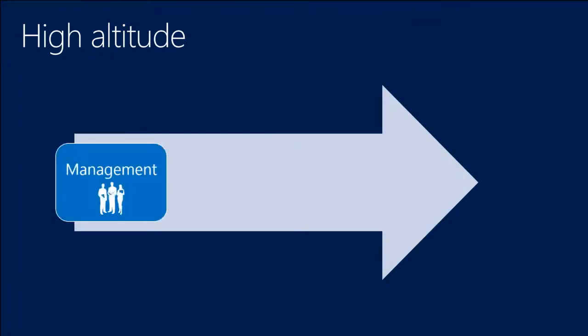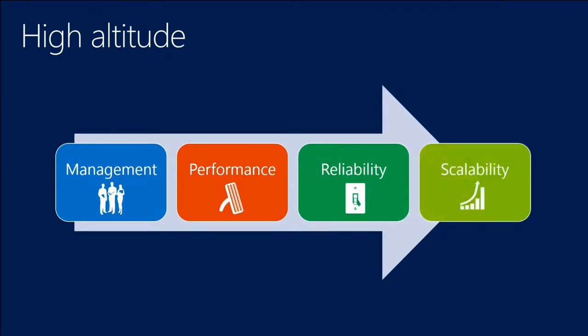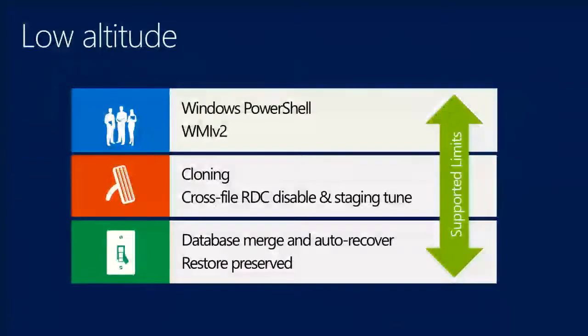Okay. At a very high level, management, performance, reliability, scalability. That's what I'm going to talk about today, these four pillars in DFSR. That means that at a little bit lower level, PowerShell, WMI, cloning, which is beyond sweet, just wait for it.